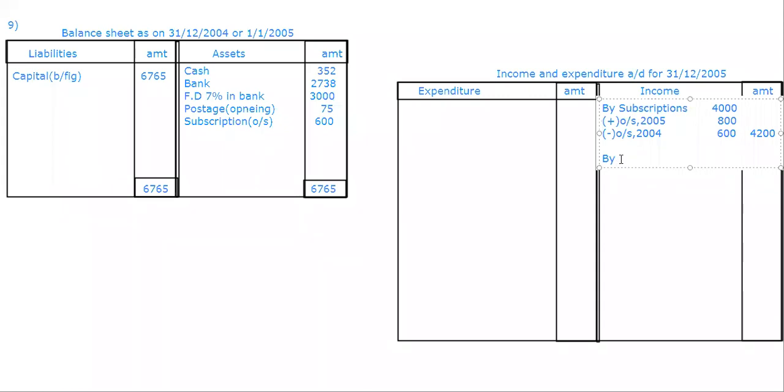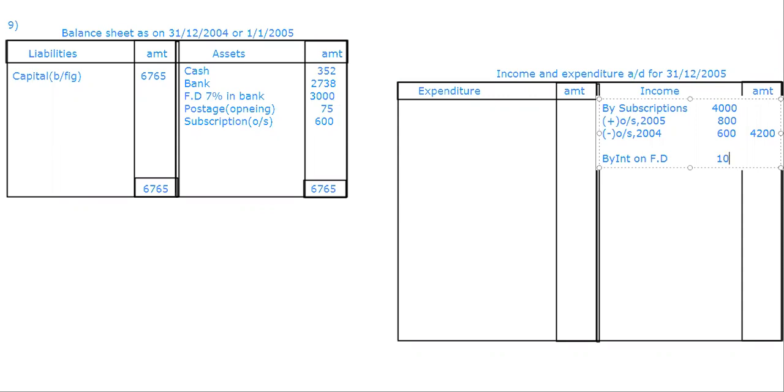If I leave my opening balances, fixed deposits, membership subscription is over, entrance fee and donations are liability. So interest on fixed deposits I can take. So that I'm taking here. Interest on FD. So how much did he give?